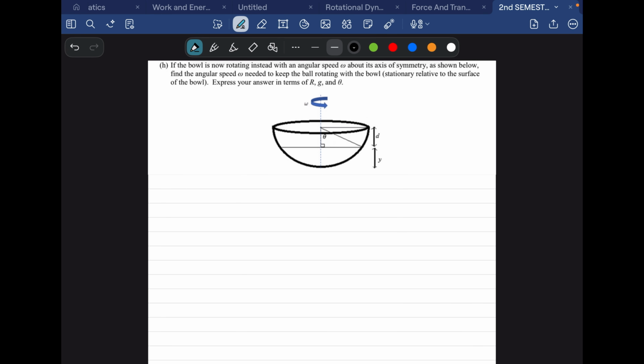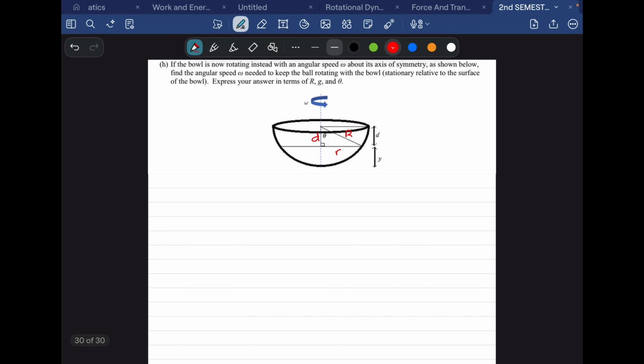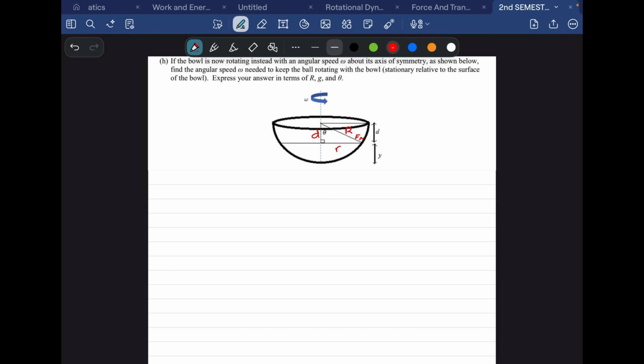Okay, so for this problem, I'll reference the ball, right? So using the same triangle, we're given this is D, this is lowercase r, then the hypotenuse is capital R. And then this is Fn, Fnx, then Fny. We're given an angle. So in the y direction, we have F equals ma, but in the y direction it's not slipping up or down, right? It's going in a horizontal circle.